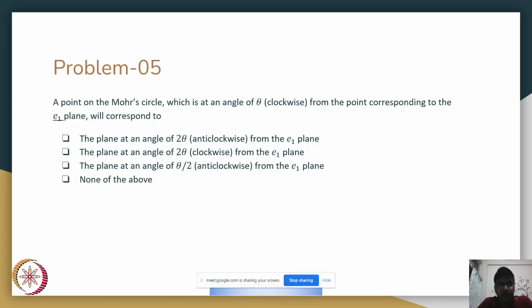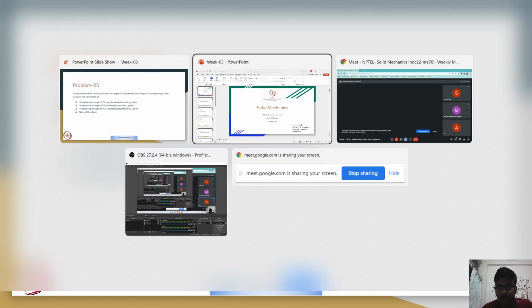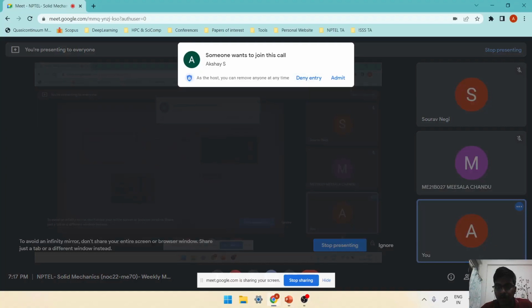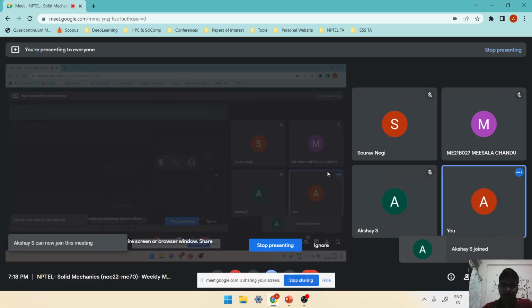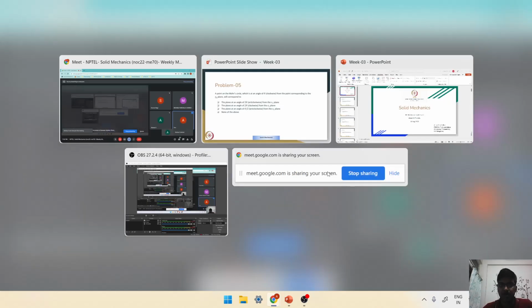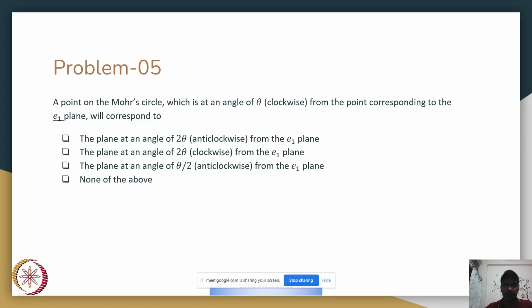Okay, the fifth problem. A point on the Mohr circle which is at an angle theta. So I'll just draw a representative Mohr circle.